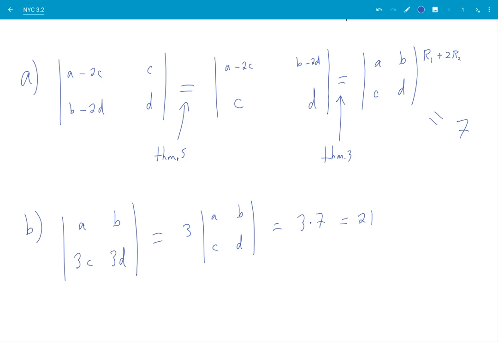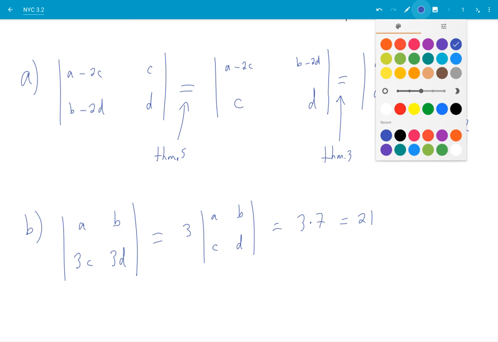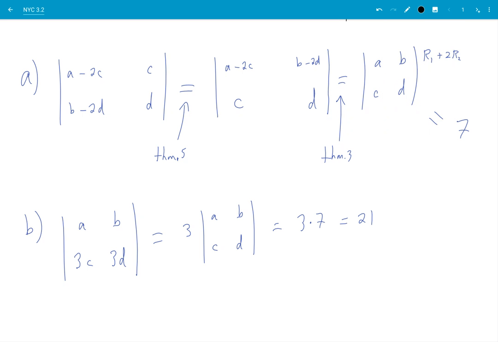Okay, let's look at part A there. If you think about it, I did a transpose to get this, and then I did a row operation, right? But I could have kind of done that in a different order.